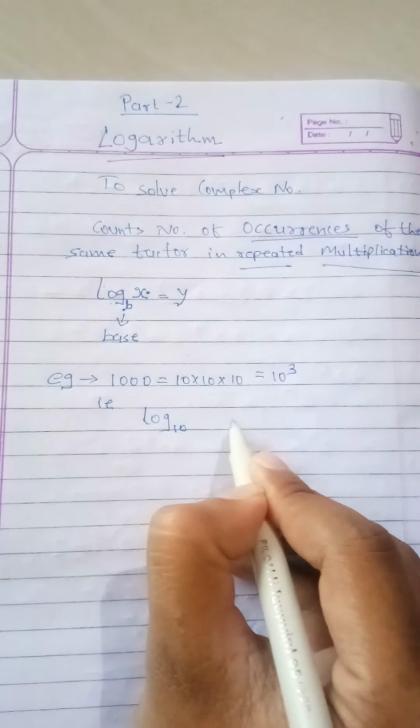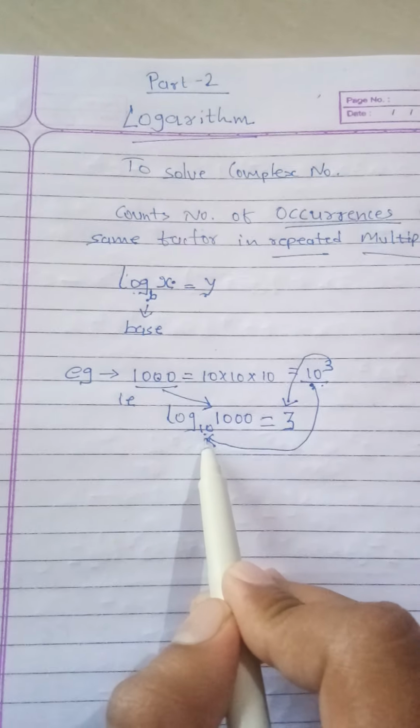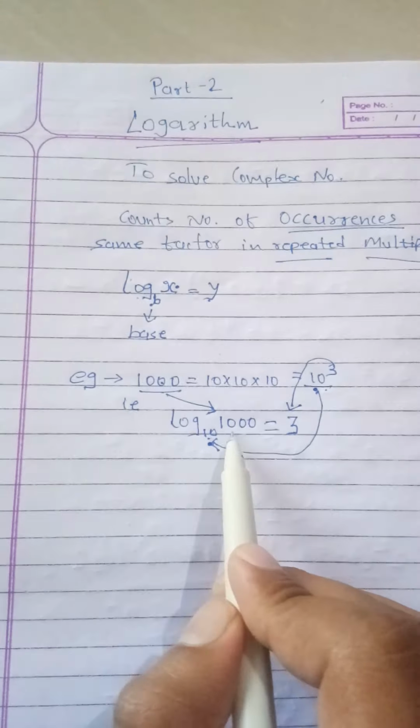This we have to write here, which is on base, and power, it is our answer. So if 1000 is given, we can write it as 10 cube in simple form. And if we want to write in logarithm, we have to take the repeated number as a base, the question as x, and the power as the answer. So log of 1000 when base is 10 is given by 3.